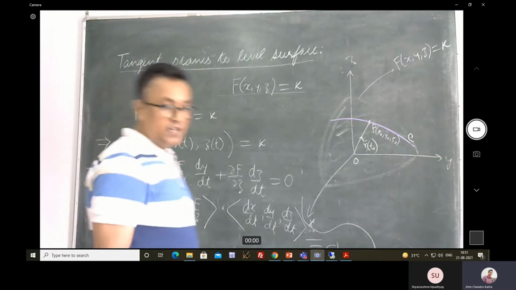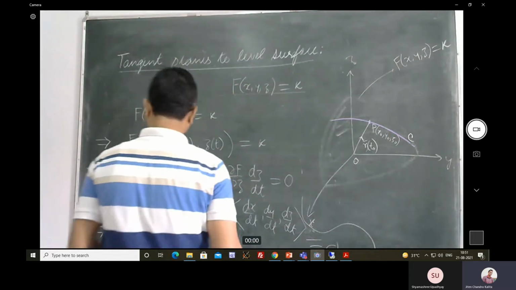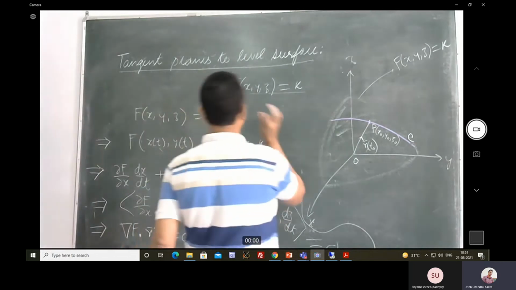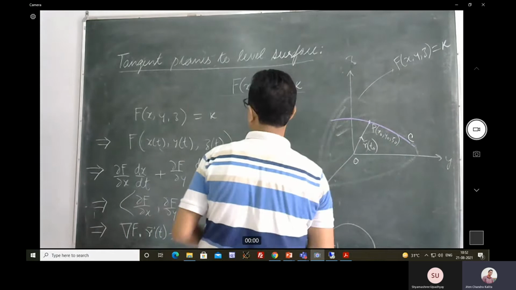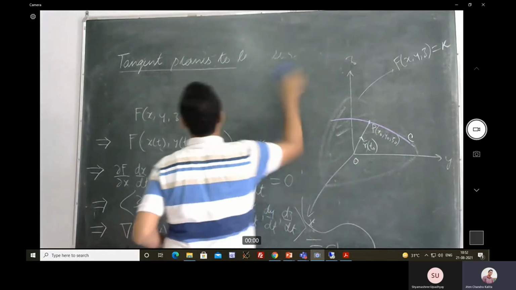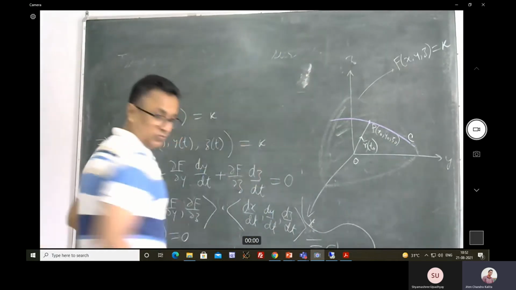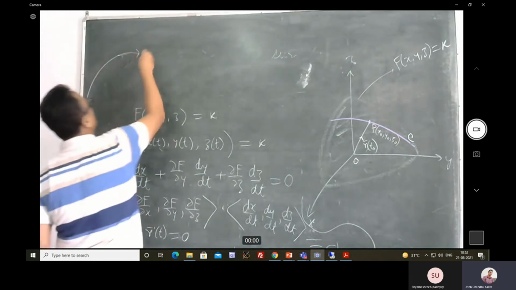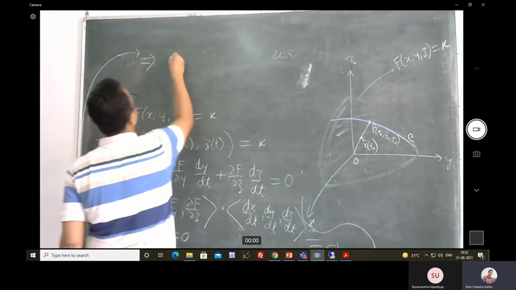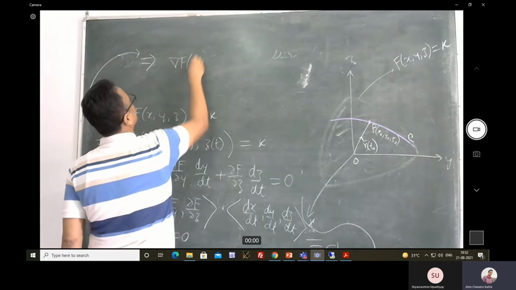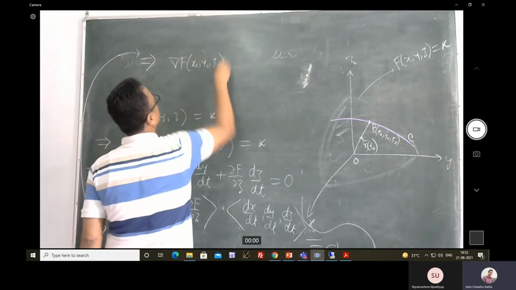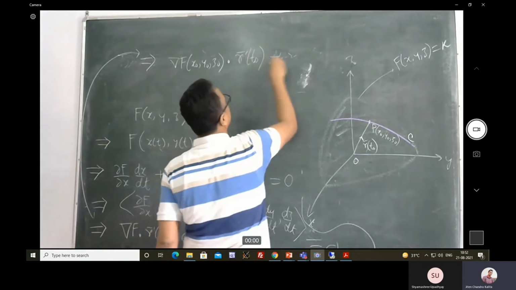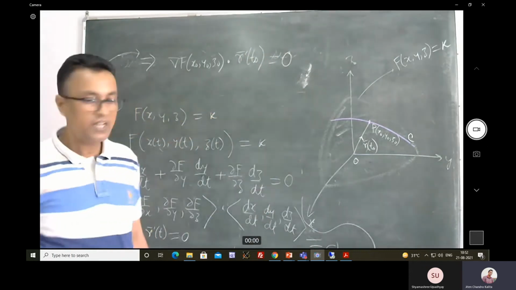Now if I consider the value of the gradient vector at the point x naught, y naught, z naught, then from here I can simply write grad f at the point x naught, y naught, z naught dot r prime at the point t naught equal to 0. Is it okay?